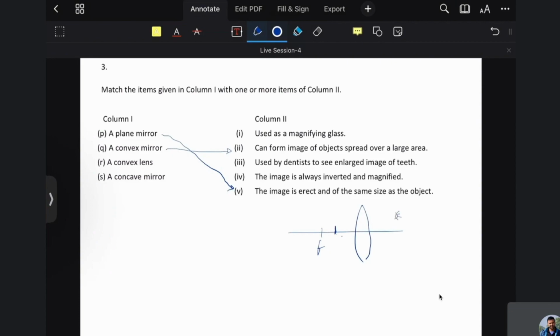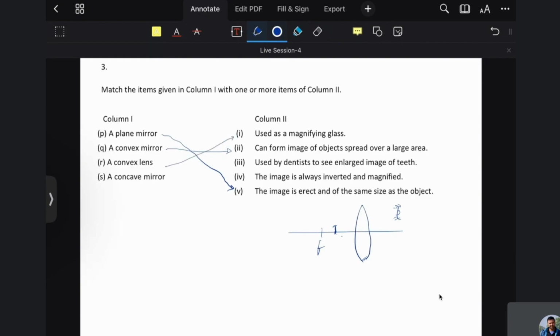So this is used as a magnifying glass. So R matches to 1.